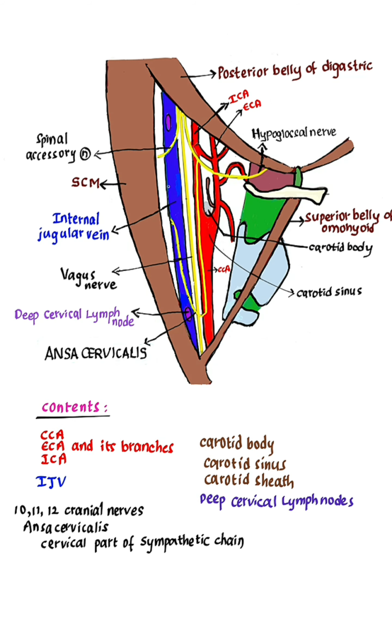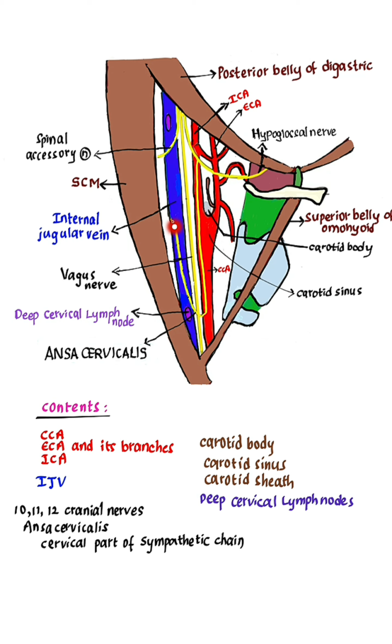Contents of the carotid triangle are: first, arteries. Carotid arteries. All three carotid arteries. Common carotid artery, internal carotid artery, external carotid artery and its five branches. The five branches of external carotid artery present in the carotid triangle are: superior thyroid artery, lingual artery, facial artery, occipital artery, ascending pharyngeal artery.